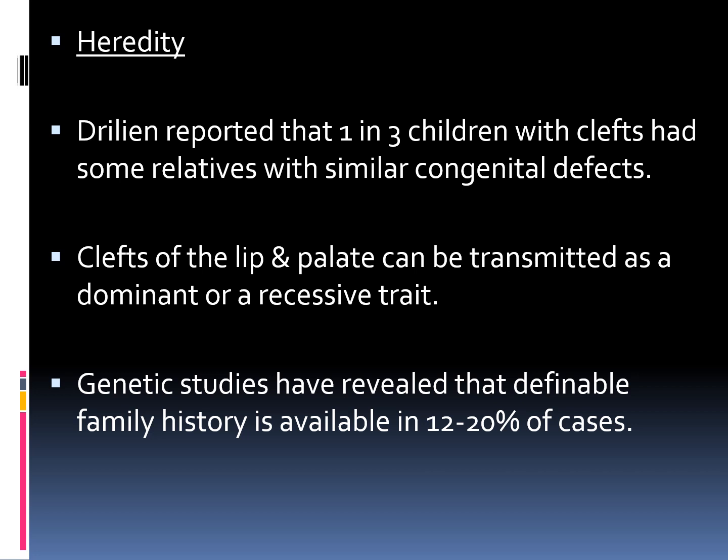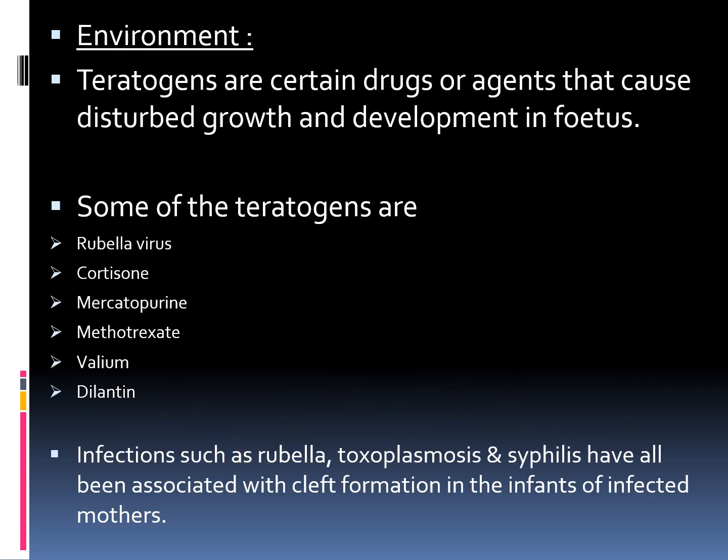Genetic studies have revealed that family history is very important when you treat a case. If there is a family member having a cleft, you can expect 90 to 95% of the cases to have the child having the syndrome. Now, when we say environmental, you must know that there are certain drugs or teratogens that are contraindicated during pregnancy and have to be avoided in the pregnant mother.